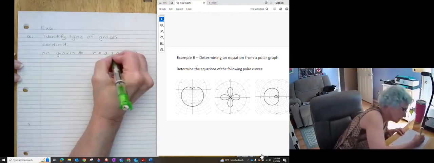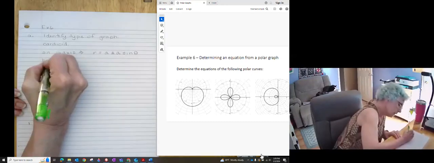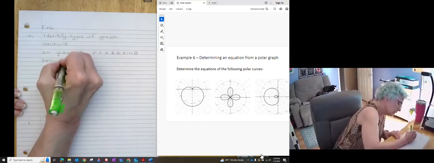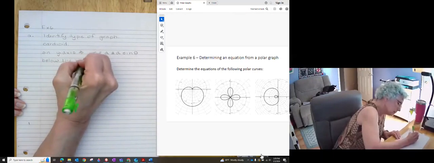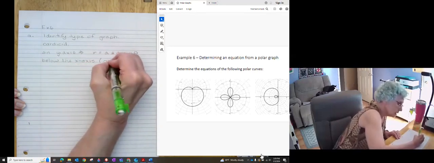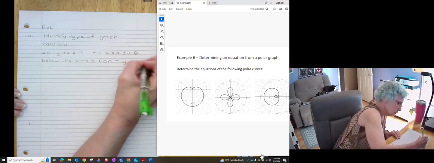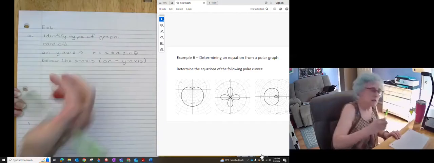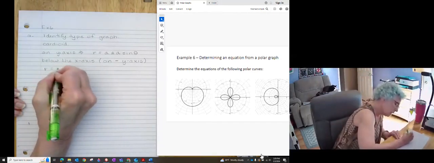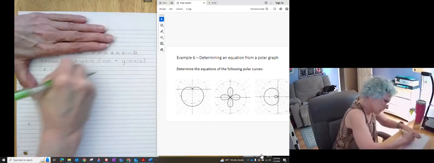Then I find out that it's below the x-axis. In other words, it's on the negative y-axis. So that means it's r equals a minus a sine theta.